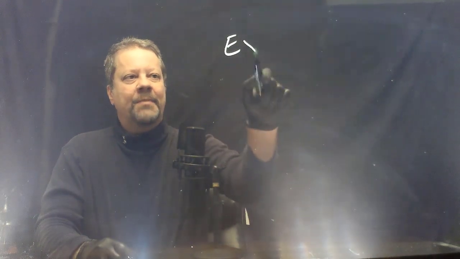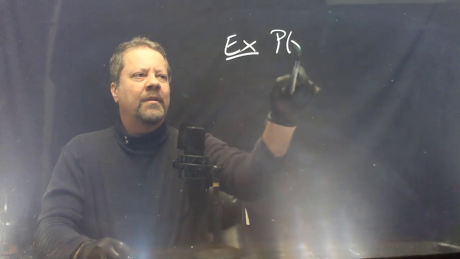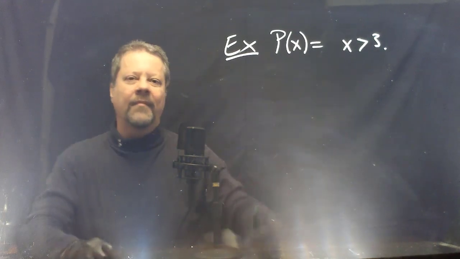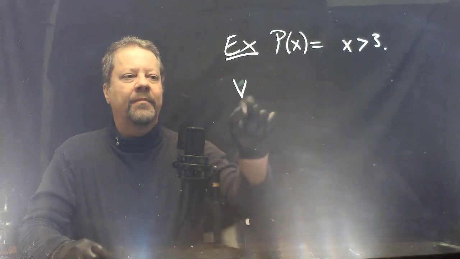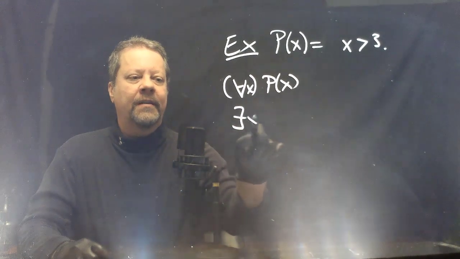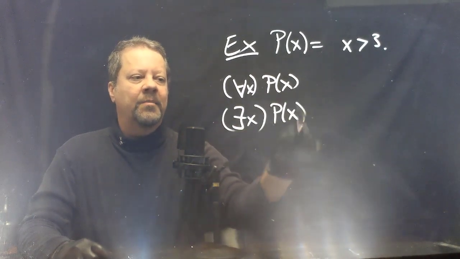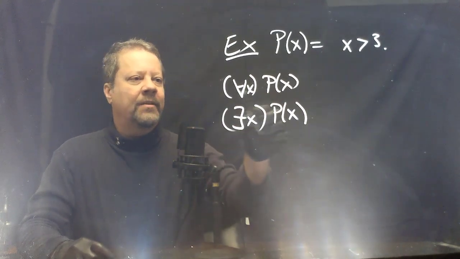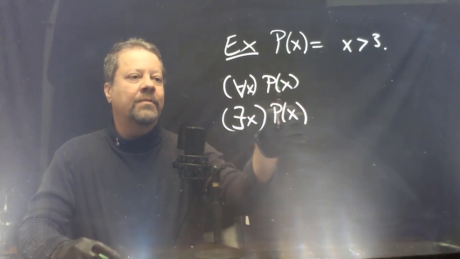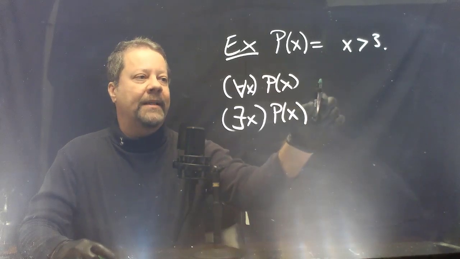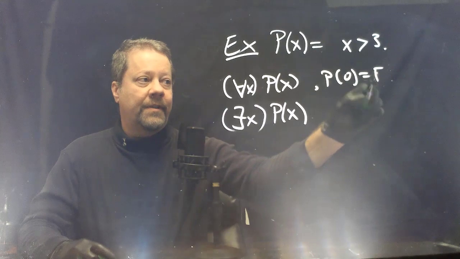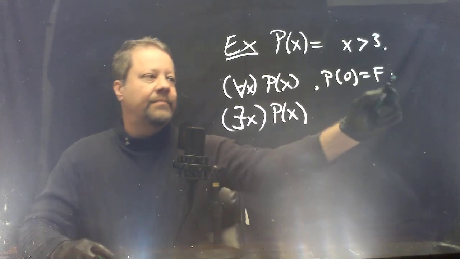Here's another example. Suppose p of x means x is bigger than 3. And so let's compare for all x, p of x, versus there exists x, p of x. We can show that the first proposition, this universal quantification, is false because p of 0 is false.